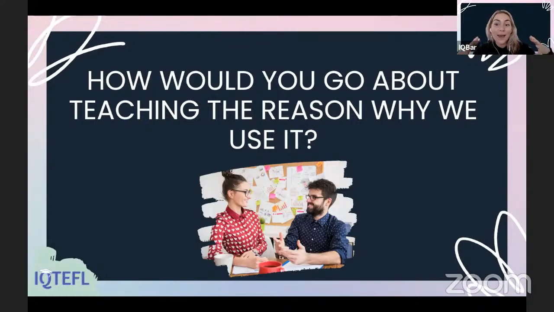But if you had a cake at home and you weren't sure who ate it, we would use the passive voice, saying the cake was eaten by someone or by somebody. So I think just making them aware of the different ways and the different situations we can use it in is probably a really good way to go about why we use it.